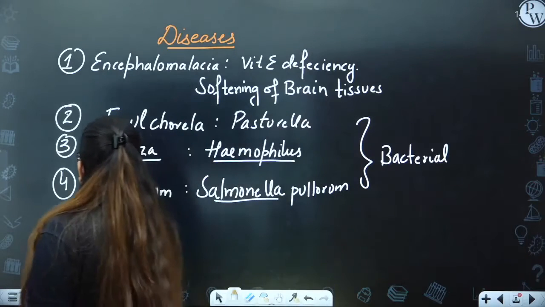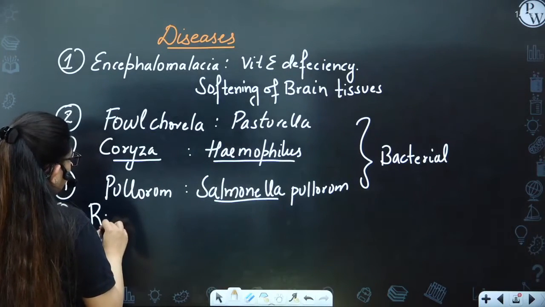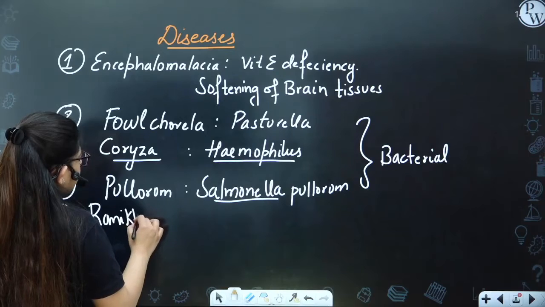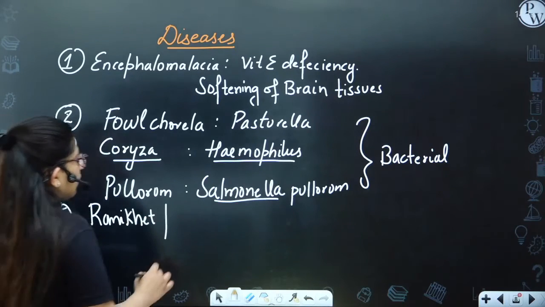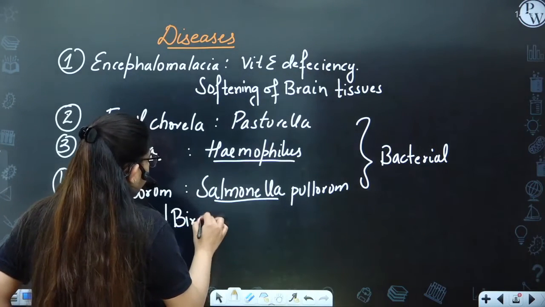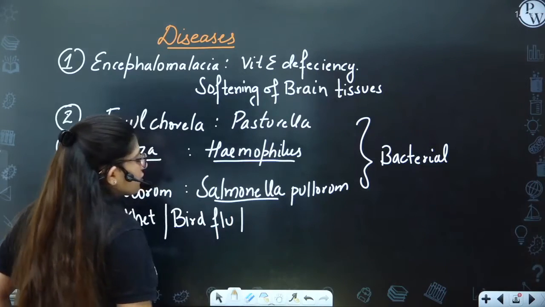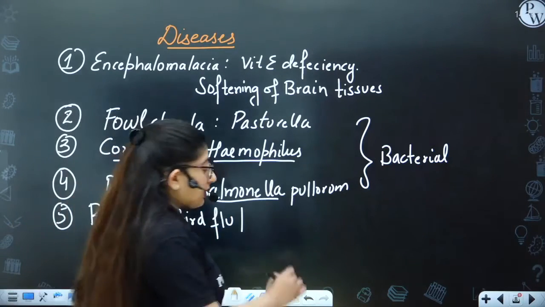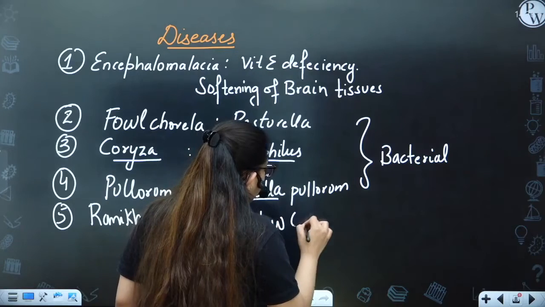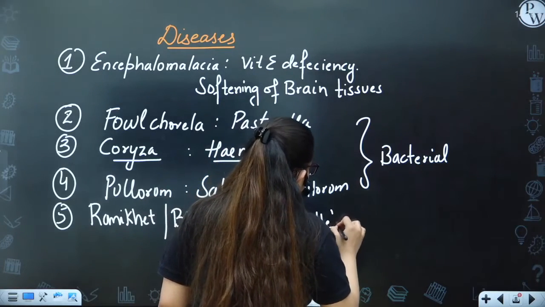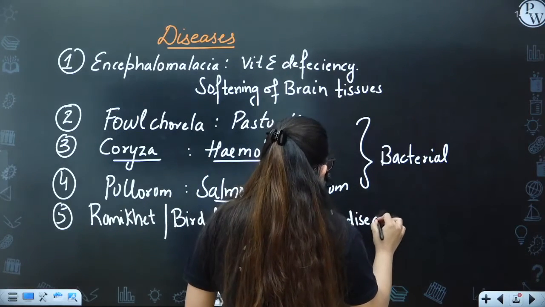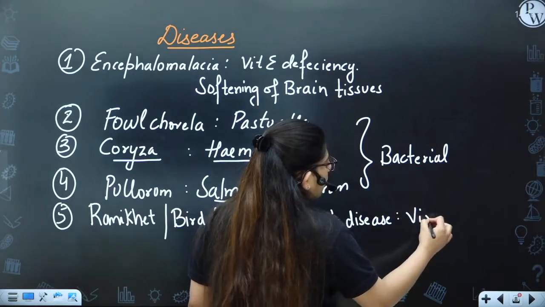Okay. Then we have Ranikhet. In India, we call this disease Ranikhet, commonly known as bird flu. And in Western countries, we call it Newcastle disease. And that occurs due to a virus. And what is that virus?